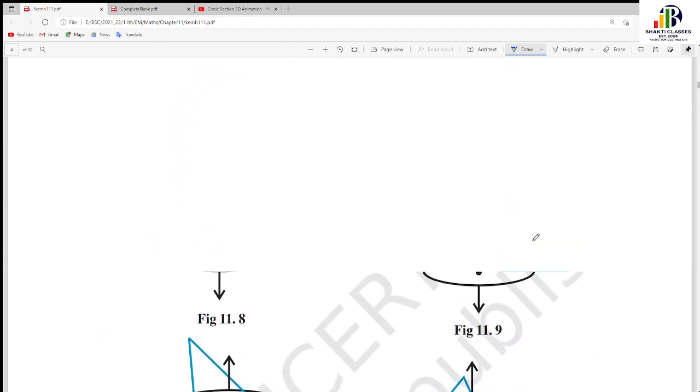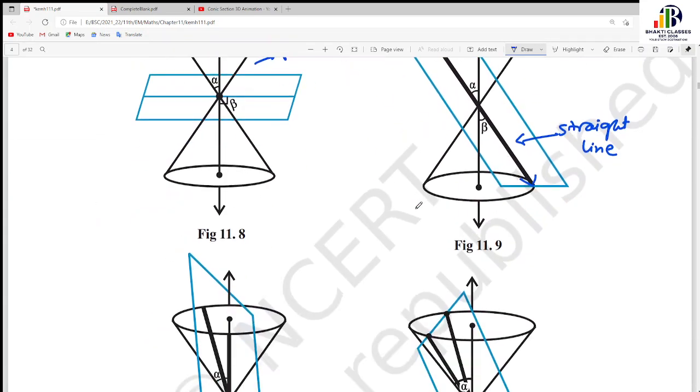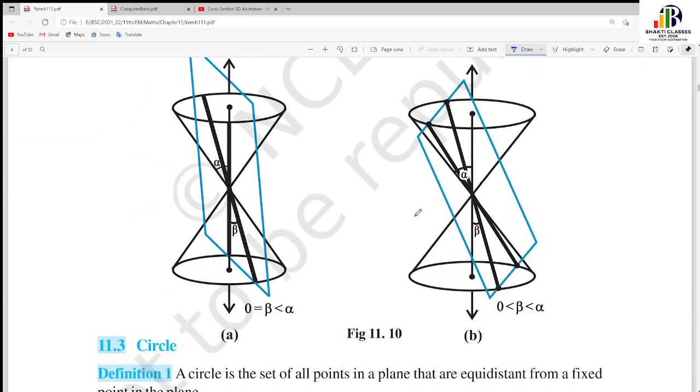And the third case, in which 0 is less than or equal to beta is less than alpha, the section is a pair of intersecting straight lines. It is the degenerated case of hyperbola. So see over here, there are two lines. Here the first line is this and the second line is this.